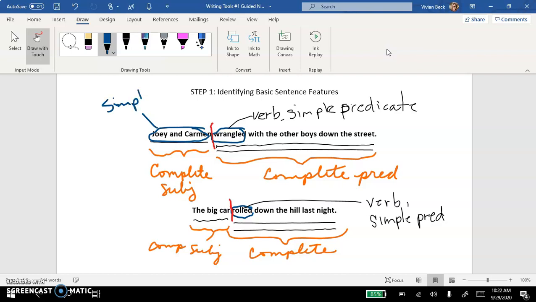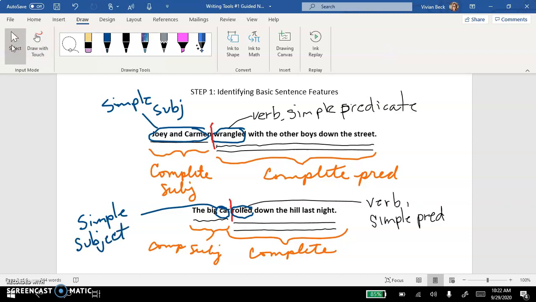But notice it's also the complete subject. And this is sometimes possible. In the second sentence, we ask ourselves, what rolled downhill? Well, it was the car. And this is the simple subject. It has no modifiers. No modifiers whatsoever.